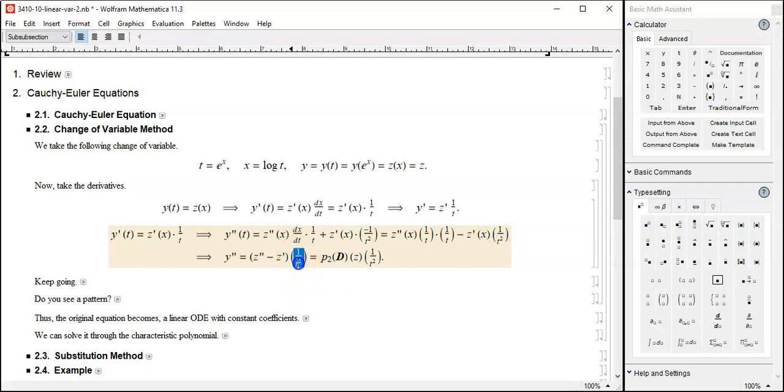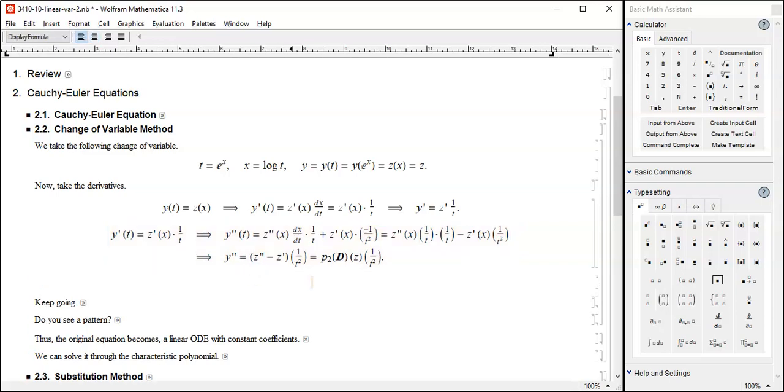Put those together like this, and what's left is like this. The second derivative of this is a polynomial expression of the differential operator d up to the second derivative, or you can write like this. P2 of d is in this case d squared minus d, like this.